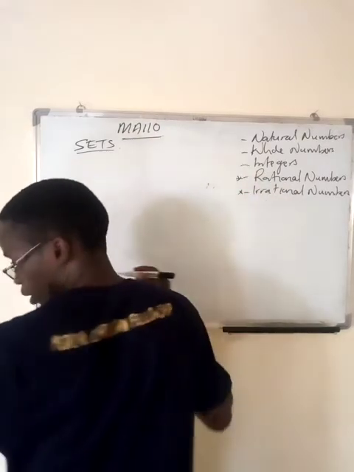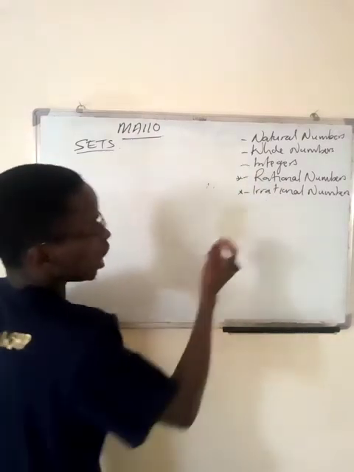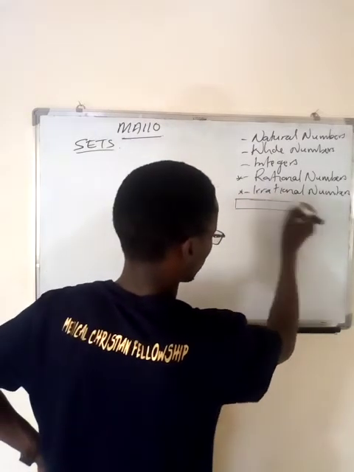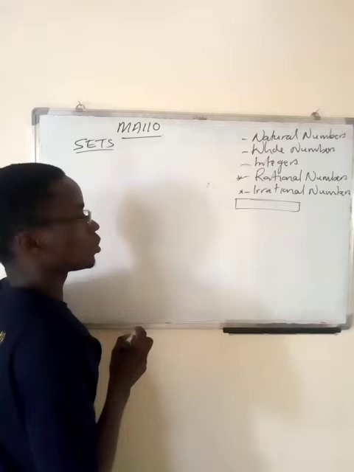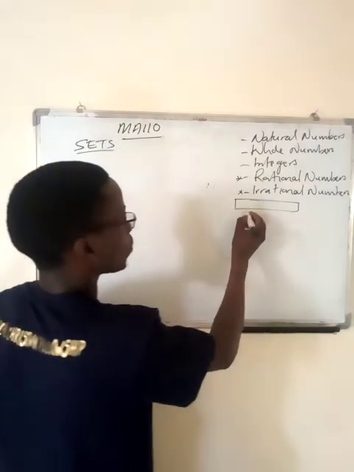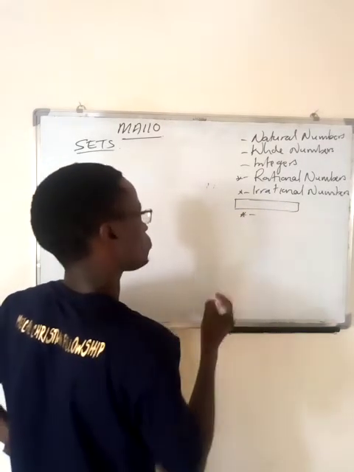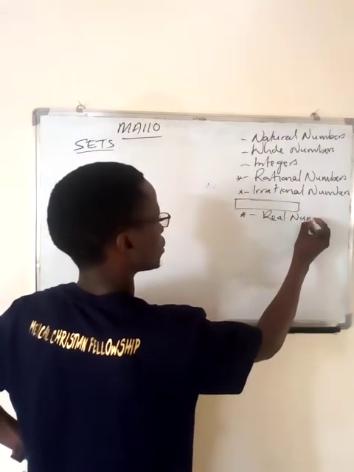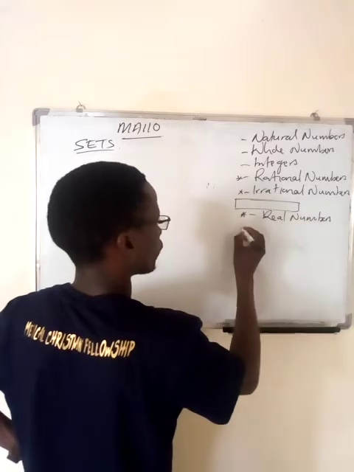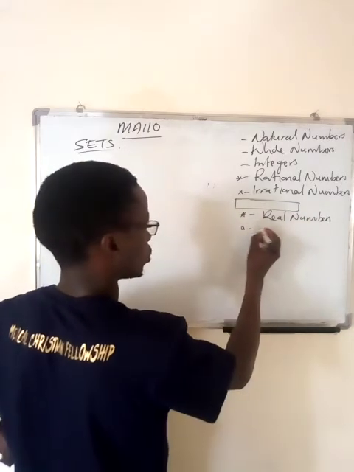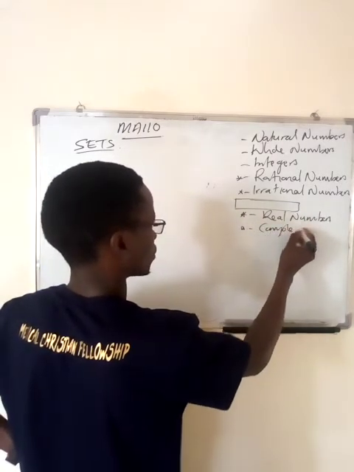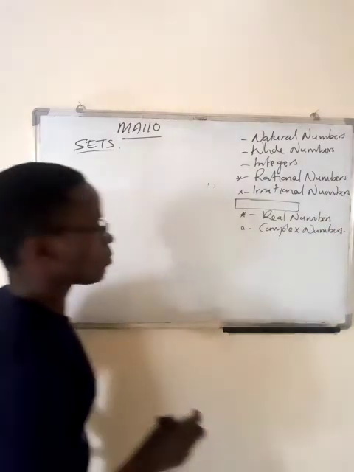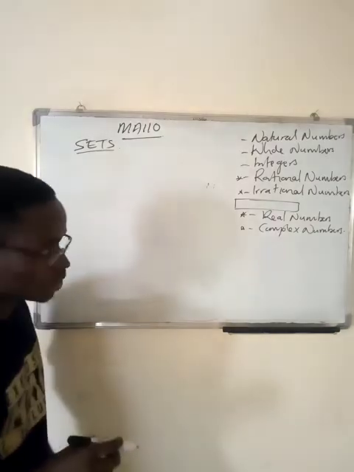And after that, we're going to continue with sets of numbers where we also have real numbers. And lastly, we have complex numbers. So under sets of numbers, we remained with two sets: the real numbers and the complex numbers.